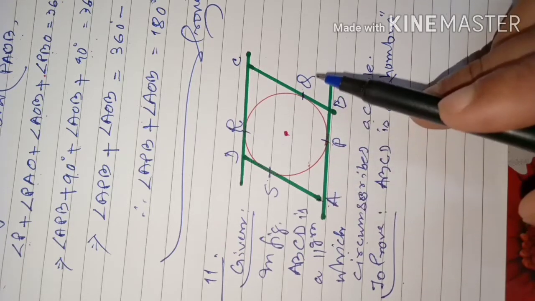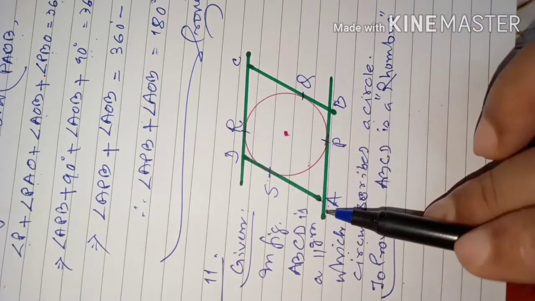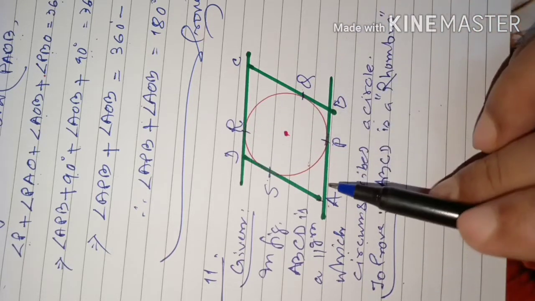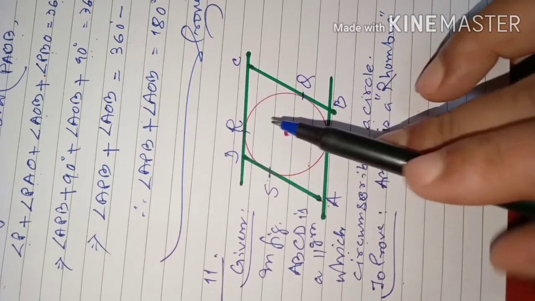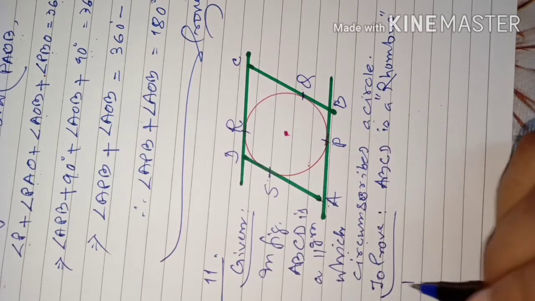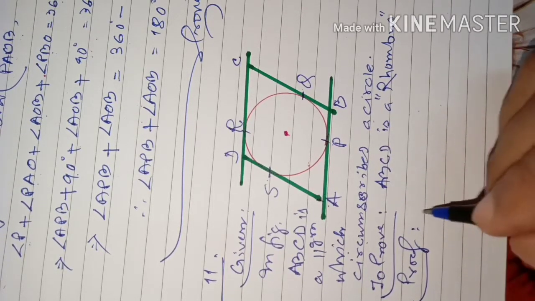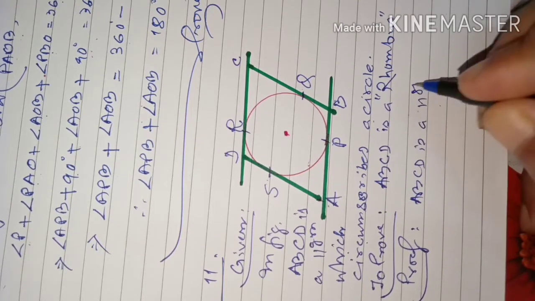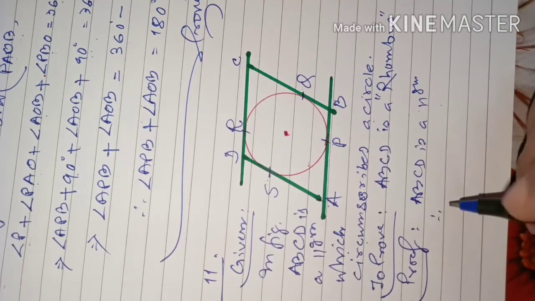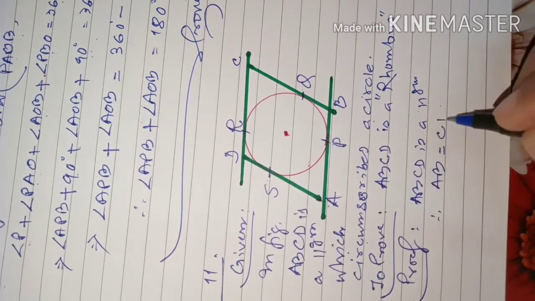That all sides of a rhombus are equal. That means we have to prove that AB, BC, CD, DA are all equal. Since it is a parallelogram, we can start with opposite sides. So you can say in the proof, ABCD is a parallelogram. Therefore, we can say side AB is equal to side CD.